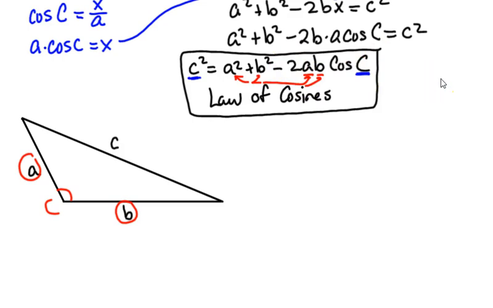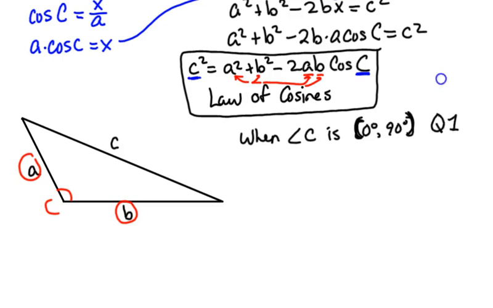Let's think about that. When angle C is in the interval 0 to 90, and actually I should say it's not equal to 0 or 90, but in between, it's basically in quadrant 1, then cosine of C is positive. It's a positive trig value.